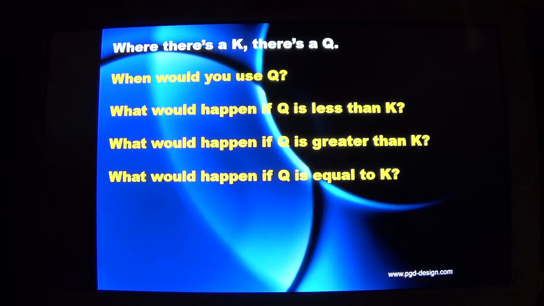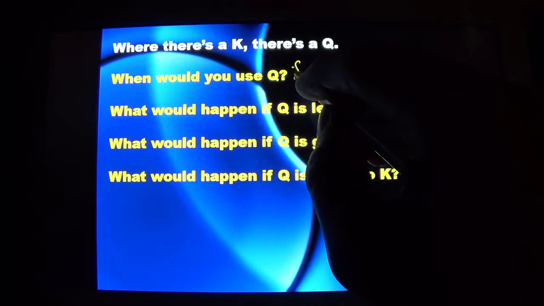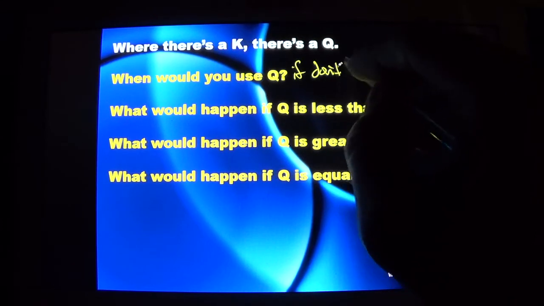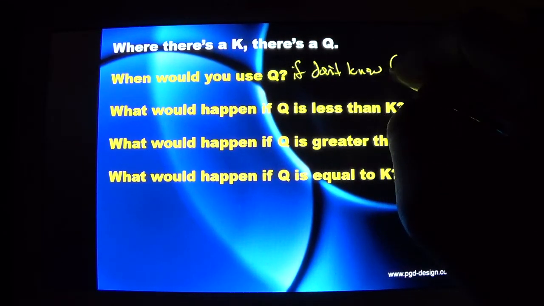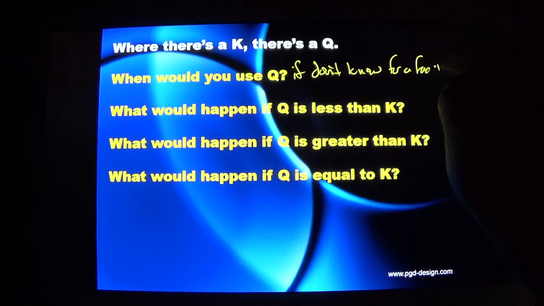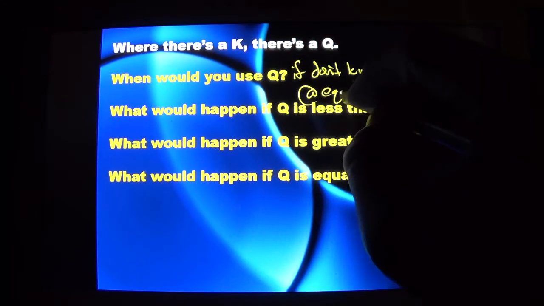Now, where we do a K, there's a Q. Okay, easy enough. Hopefully, last chapter you caught that K and Q are identical in form. When would you use Q? Okay, here's the important part. When would you use Q? If you don't know for a fact that you're at equilibrium.